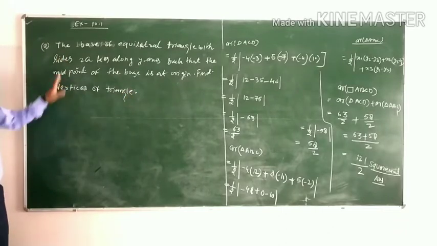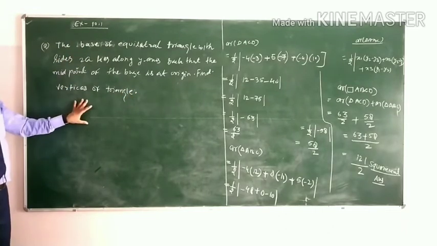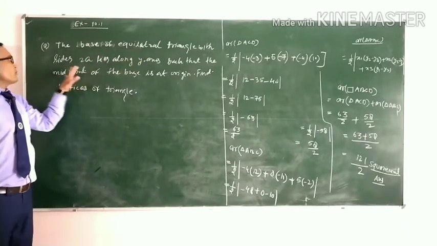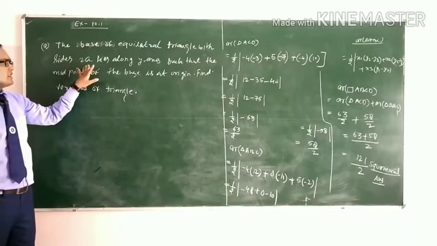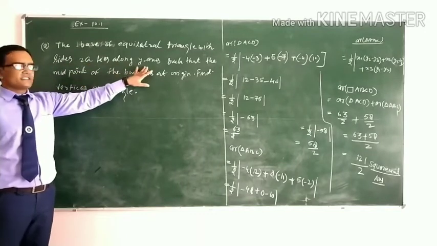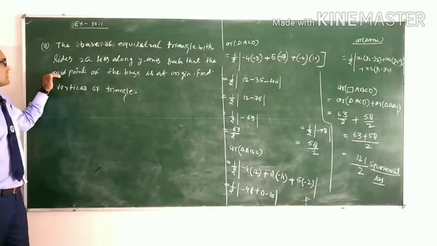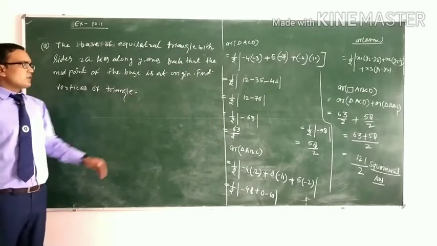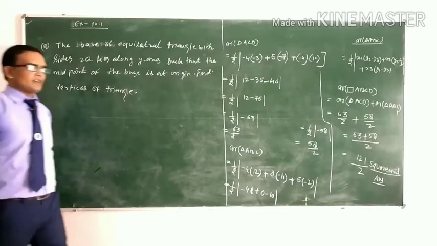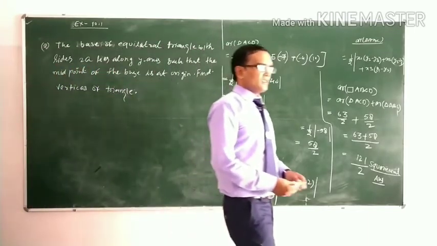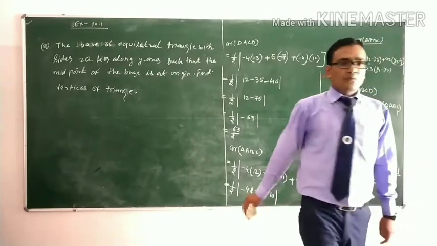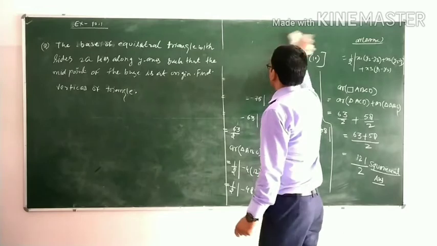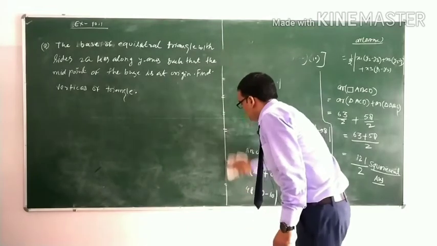Here in this question given that the base of equilateral triangle with sides 2A lies along y-axis such that the midpoint of the base is at origin. Find the vertices of triangle. First of all, we draw the triangle in a Cartesian plane according to the question.